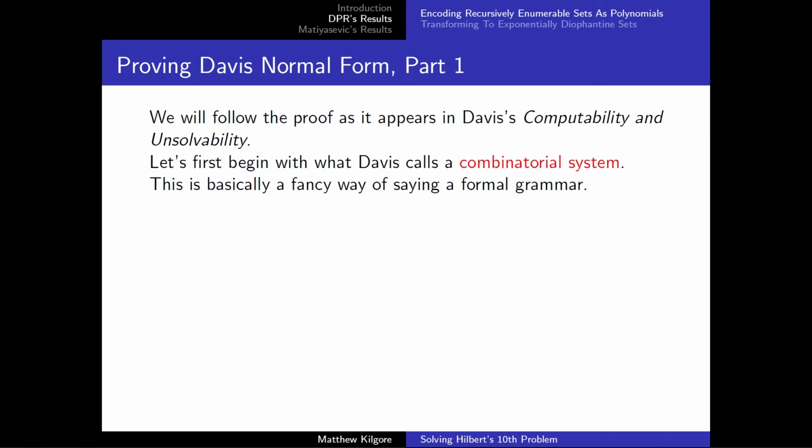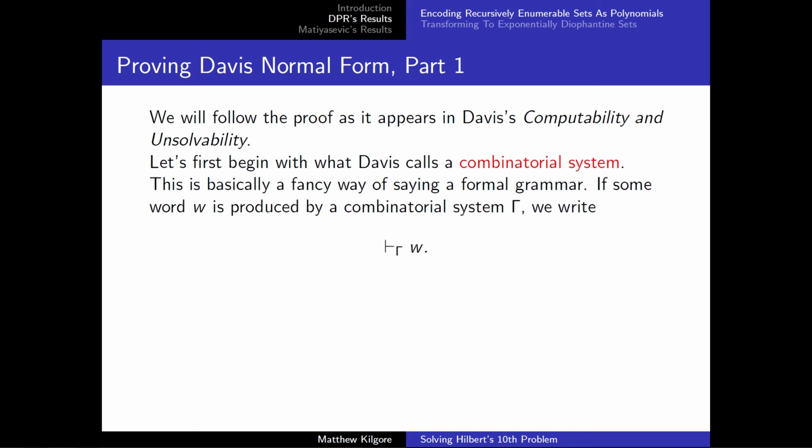We start with what Davis calls a combinatorial system. What he means by this is a formal grammar. Basically, he concerns himself entirely with Turing machines operating on words instead of URMs operating on numbers. So this is a slight nuisance we have to deal with.